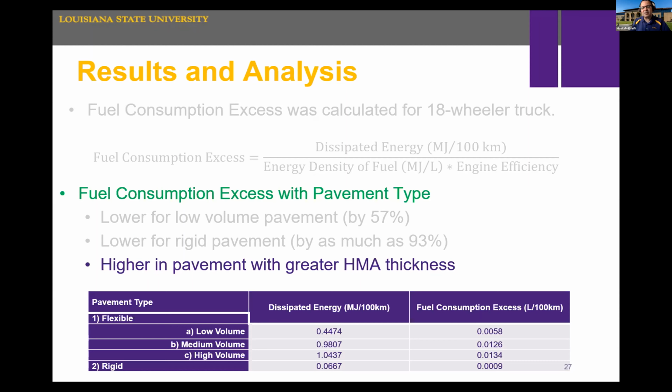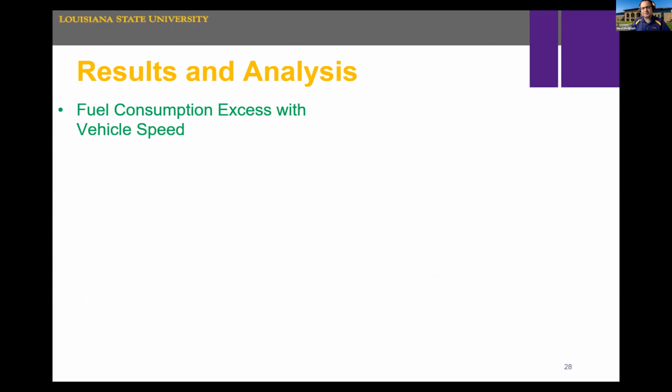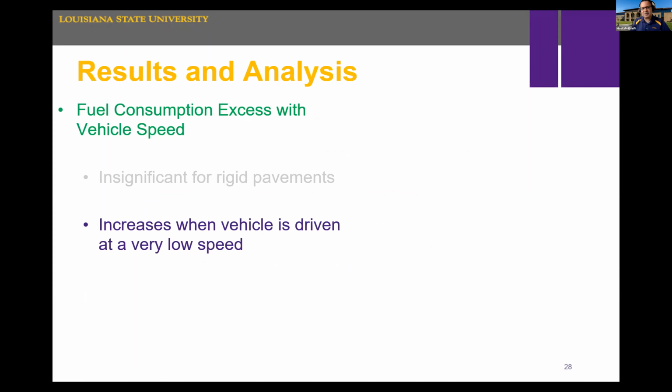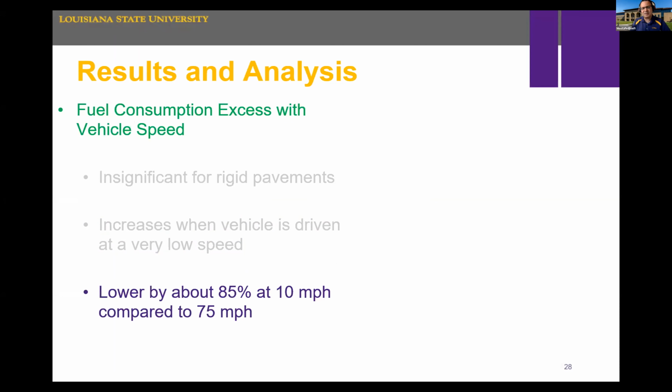But one thing I want to point out is that, generally speaking, the fuel consumption that is related to the dissipated energy is a very small percentage of the total fuel consumption of the truck. For fuel consumption with vehicle speed, we didn't find a large variation for rigid pavement, but we found it to increase when the vehicle is driven at a very low speed.